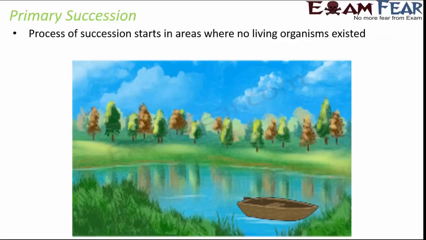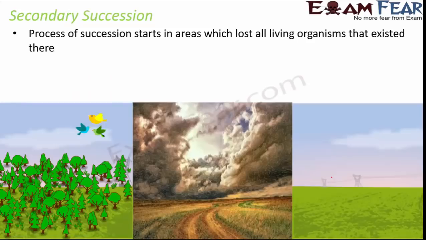Primary succession means the process of succession starts in areas where no living organisms existed. It is like the first step. Earlier than this, no living organisms existed, and now living organisms started to exist. Secondary succession means the process of succession starts in areas which lost all the living organisms that existed there.